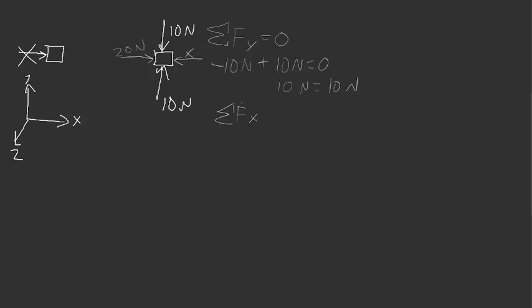So the sum of forces in the x direction is equal to 0. That would mean positive 20, since it's coming in the positive direction, minus x equals 0. And then we could just figure this out from here. And boom, we now know what this force is using equilibrium equations.